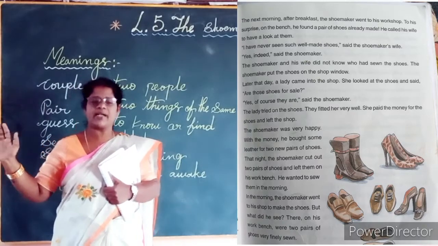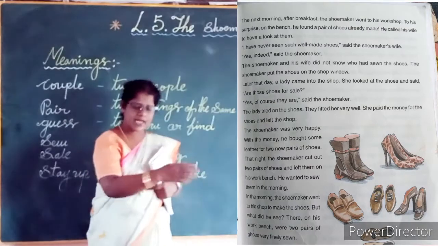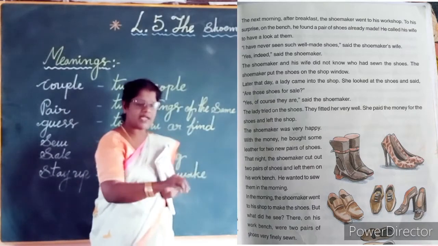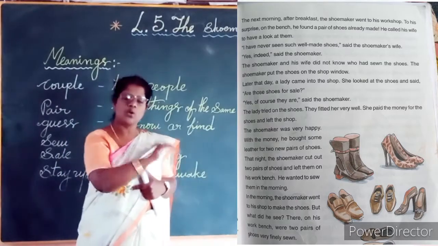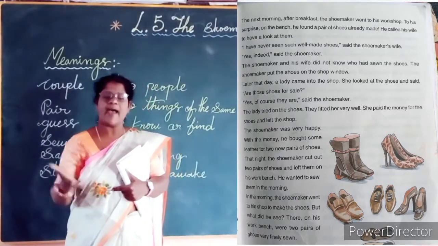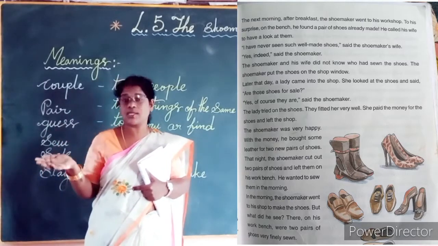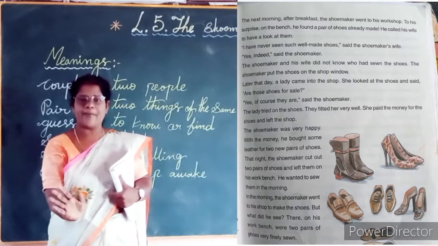Workshop is nothing but the place where this man works, a shop to mend shoes. He is going there to sell that pair of shoes. And he suddenly saw a new pair of shoes on the bench.